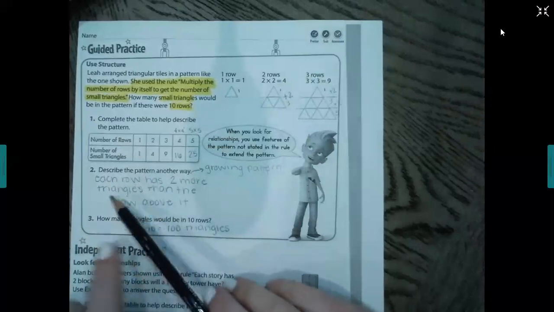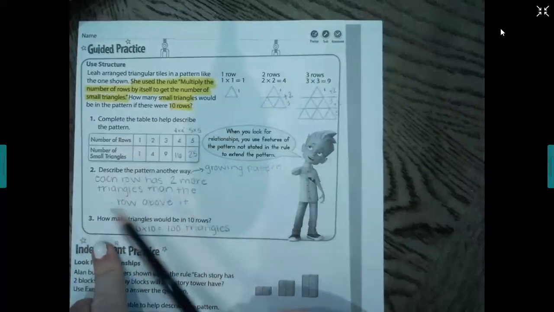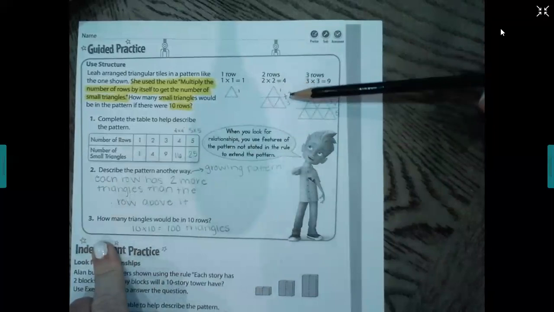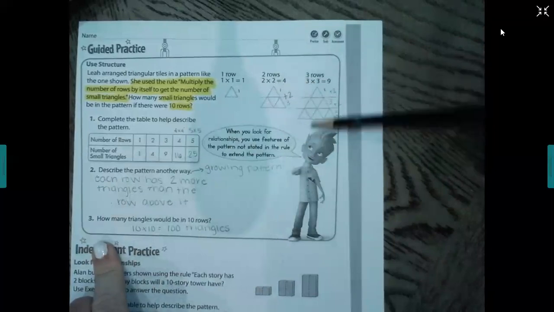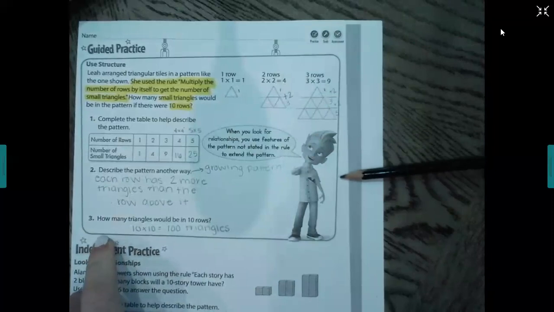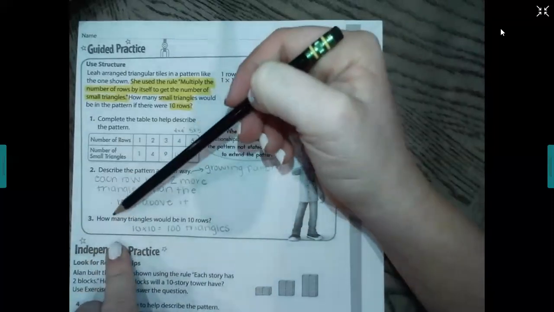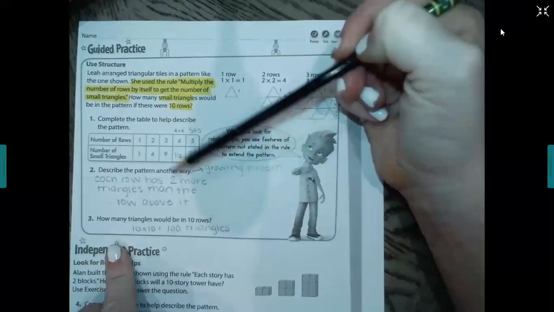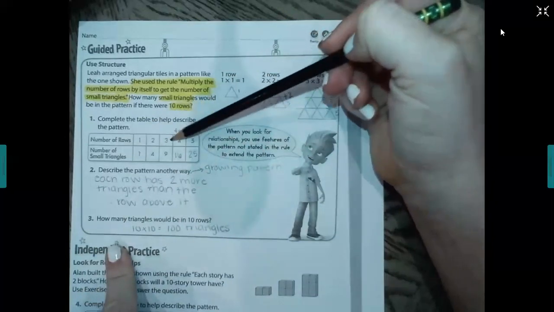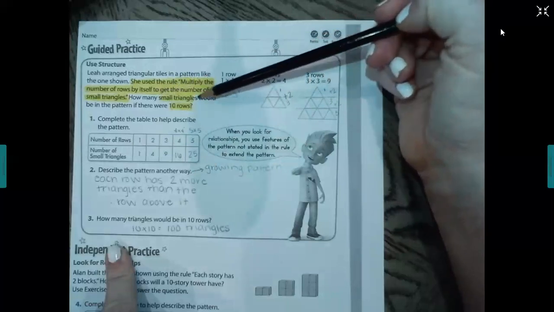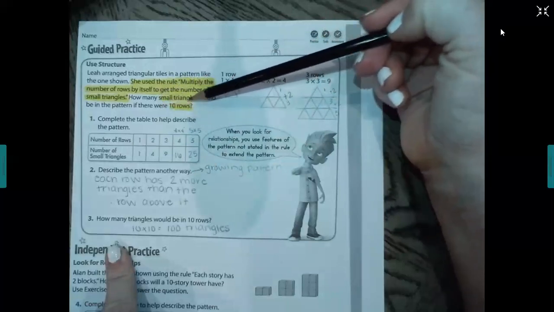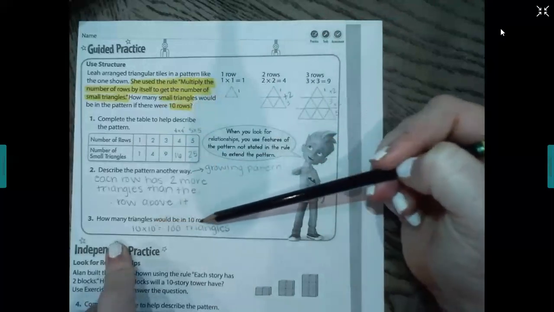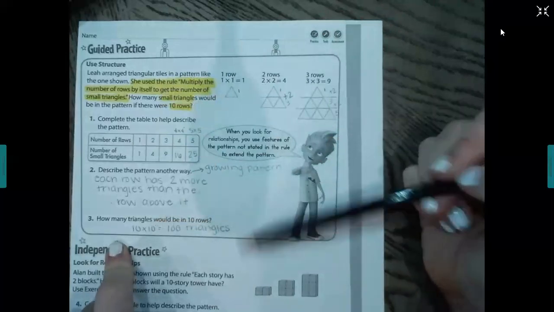So that could mean that each row has 2 more triangles than the row above it, right? I'm growing with each row that I create. It asks me how many triangles would be in 10 rows. Okay, well, I go back to my rule that I multiply the number of rows by itself. So 10 rows, 10 times 10 is 100 triangles would be needed.